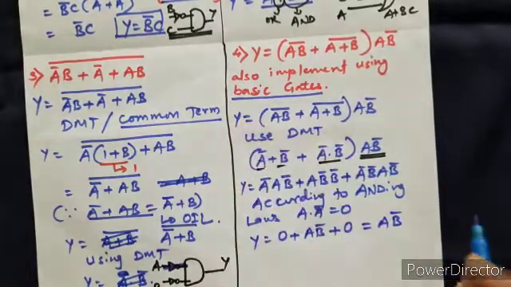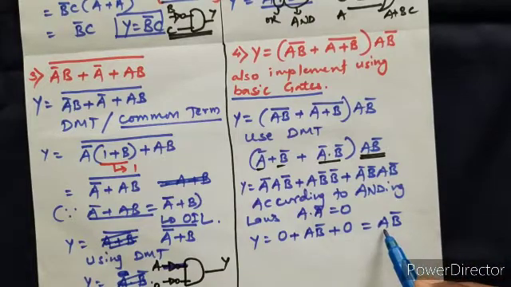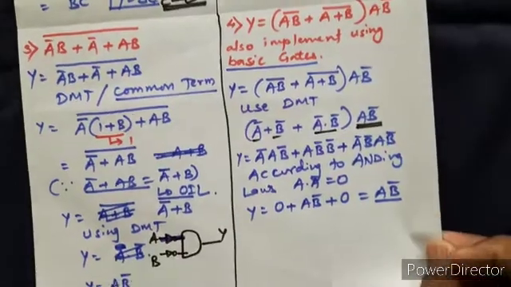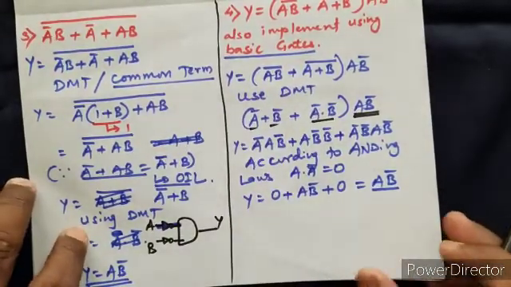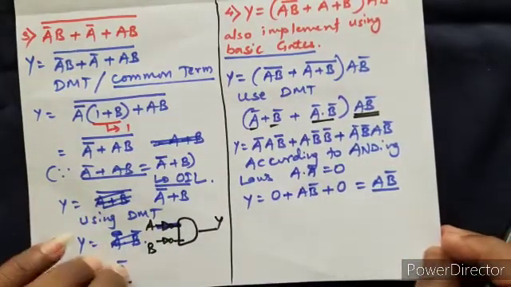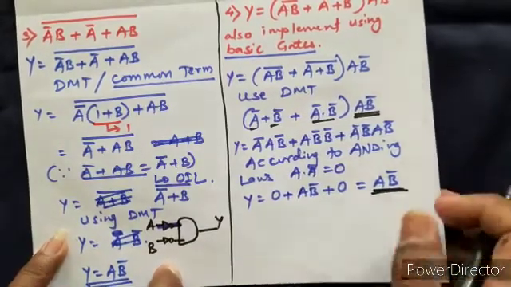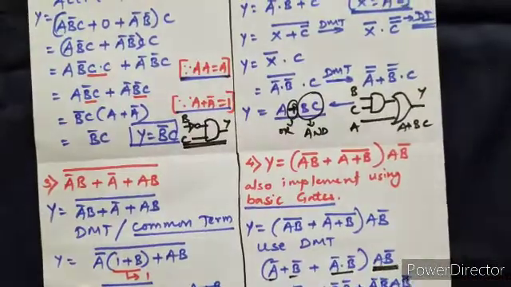Okay, and it is asked to implement using basic gates. Now here one AND gate and one NOT gate is required, right? So I can draw now. I can draw in different manners. In different books you will find different ways of drawing this equation, right? Up till now we have seen this type of method.